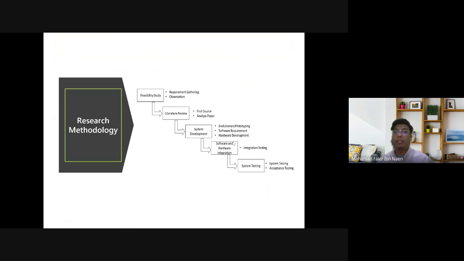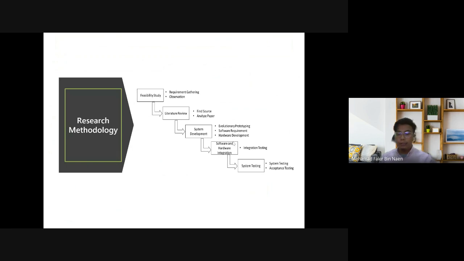Next is about the research methodology. This study involves five activities, which are feasibility study, literature review, system development, software and hardware integration, and lastly system testing. In the feasibility study, the requirement data and observation were made to understand fully all the aspects of the project, concept of plan.